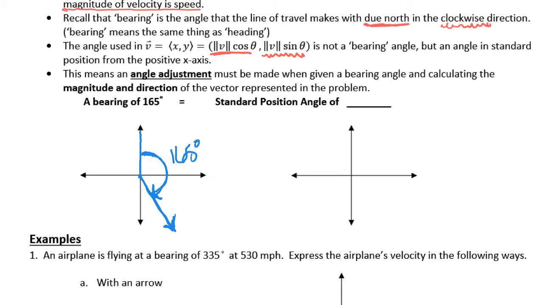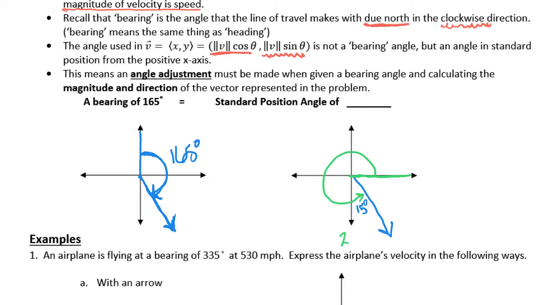And how will we convert that to a standard angle? It's 15 degrees away from 180 degrees bearing-wise. So we start at our standard position, which is positive x, and rotate this way.